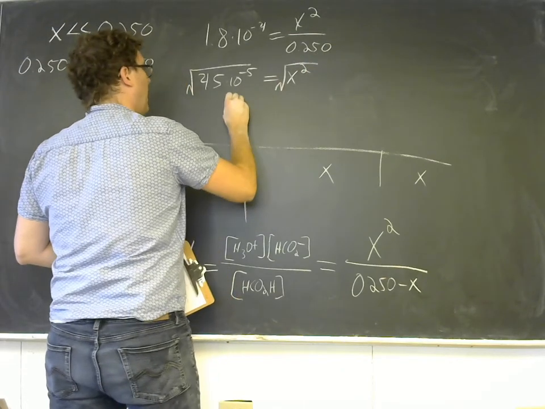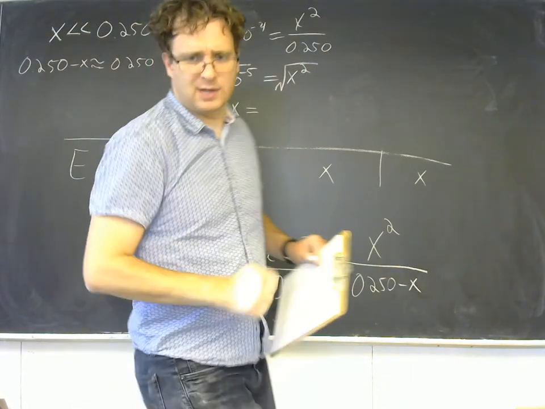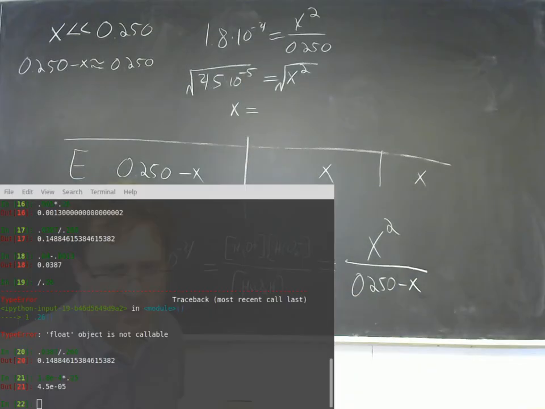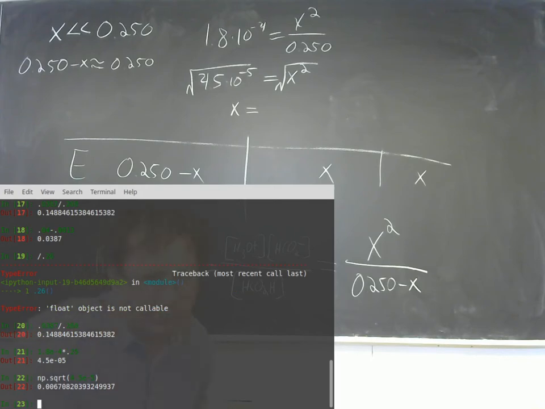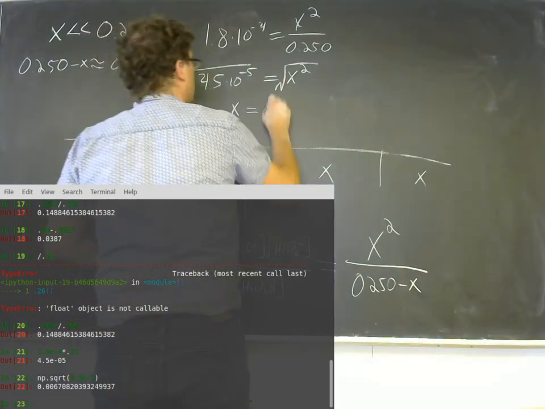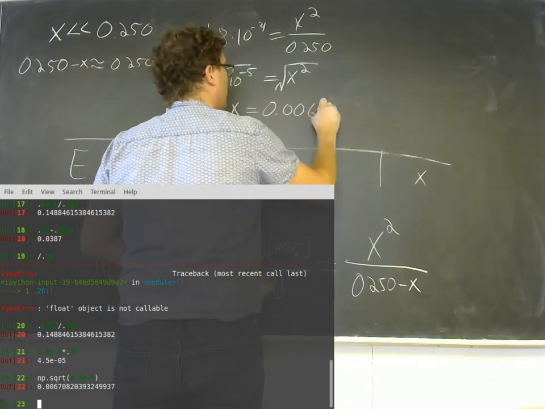And we get x is equal to np.sqrt, that's our square root function, 4.5 e negative 5. And we get 0.0067.